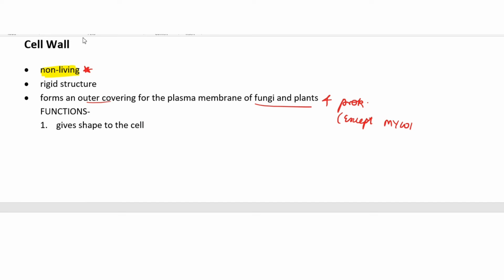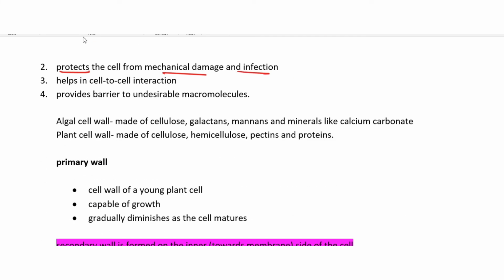It gives shape and protects the cell from mechanical damage and infection. It helps cell to cell interaction and provides barrier to undesirable macromolecules. Remember it as SIP: S for shape, structural support, I for cell to cell interaction, and P for protection.